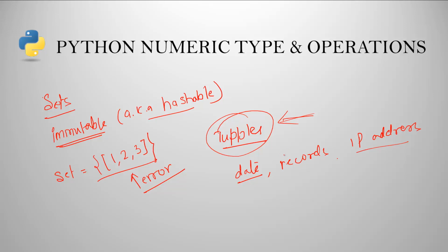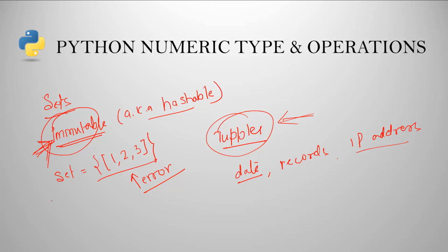A set may contain modules, type objects, and more. Anything that is immutable can be part of the set. Sets themselves are mutable too. If you think we are saying sets are immutable, that is wrong.